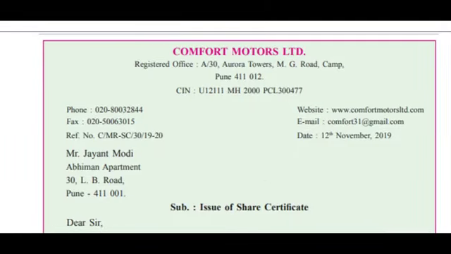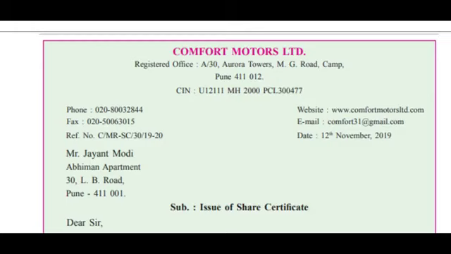First of all, you are supposed to start with the name of the company and its registered office address. See, Comfort Motors Limited, registered office A/30 Aurora Towers, MG Road, Camp, Pune 411012. Below that you are supposed to mention CIN number, corporate identification number, which is of 21 digits.